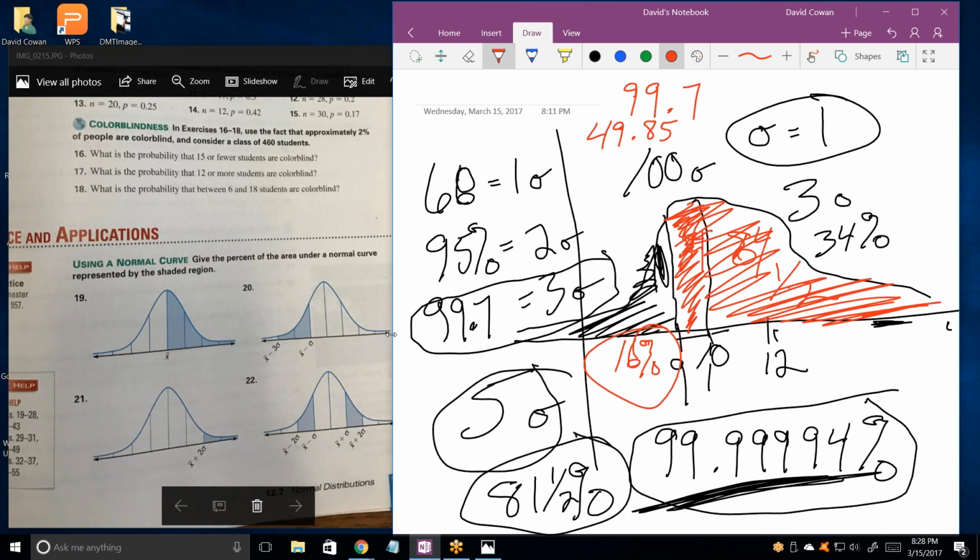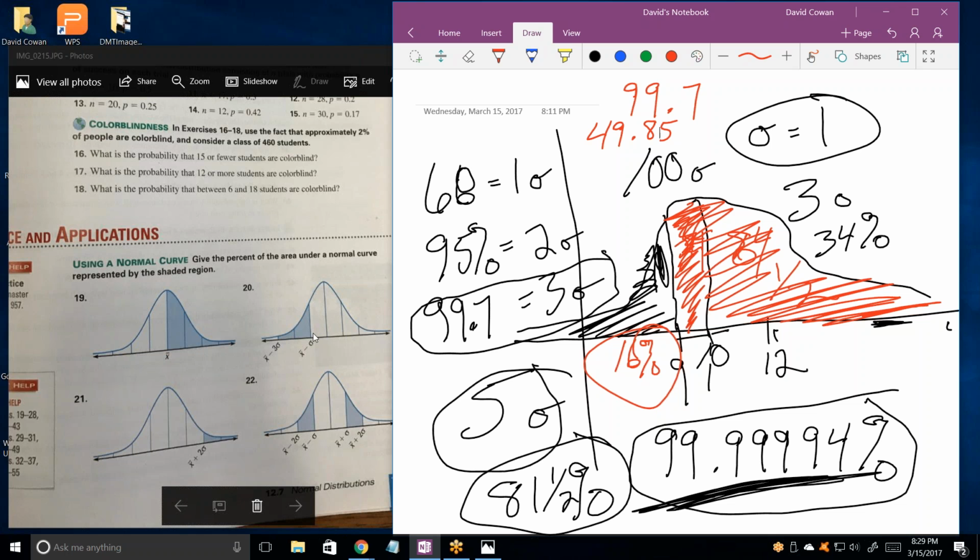49.85 would be all of the area from the mean to 3 standard deviations out there. Well, I got to subtract from that 49.85 this area that I'm pointing at. The area from the mean to the 3 standard deviations mark is half of 99.7, so that's 49.85.